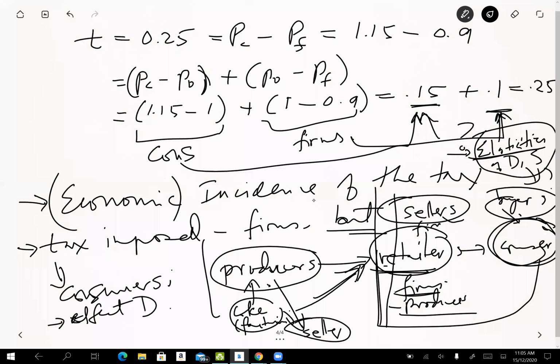This imposition of the tax by the government, that means by law, we call it the statutory incidence of the tax.